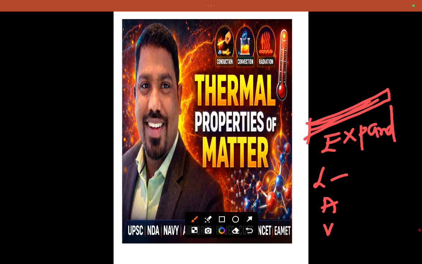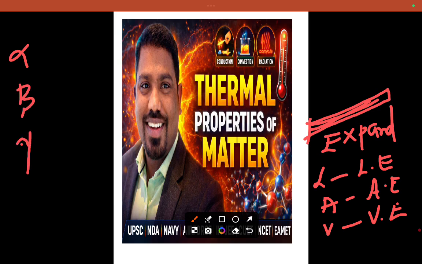This is called linear expansion, areal expansion, and volumetric expansion. The coefficient of linear expansion is defined by alpha. The coefficient of areal expansion is defined by beta. The coefficient of volume expansion is given by gamma.